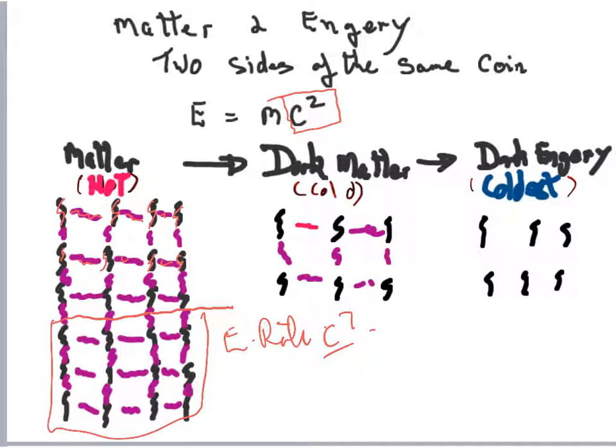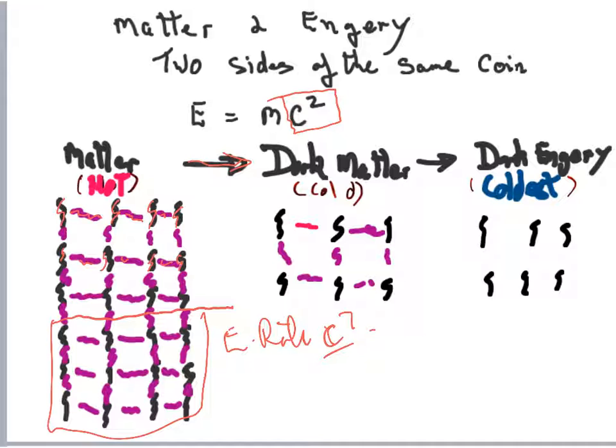And what I think happens is that eventually you're going to lose enough of the energy holding these things together, and the mass. And what happens is that matter actually turns into smaller and smaller particles of matter, and let's call that dark matter, right?